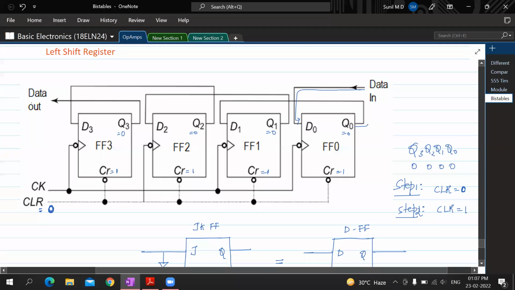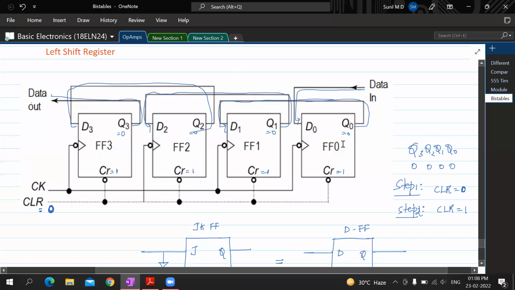Then the output is taken here, given to the input of the previous flip-flop. Then output of this is taken, then this is given to the input of the previous flip-flop. Then this output is taken, given to the previous flip-flop, and the data out is taken from the first flip-flop here. So this is left shift. Is this understood now, everybody?